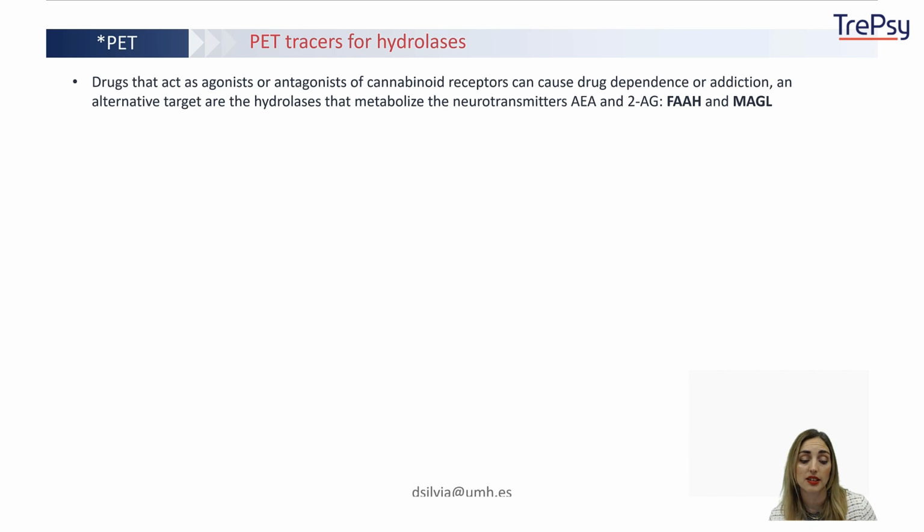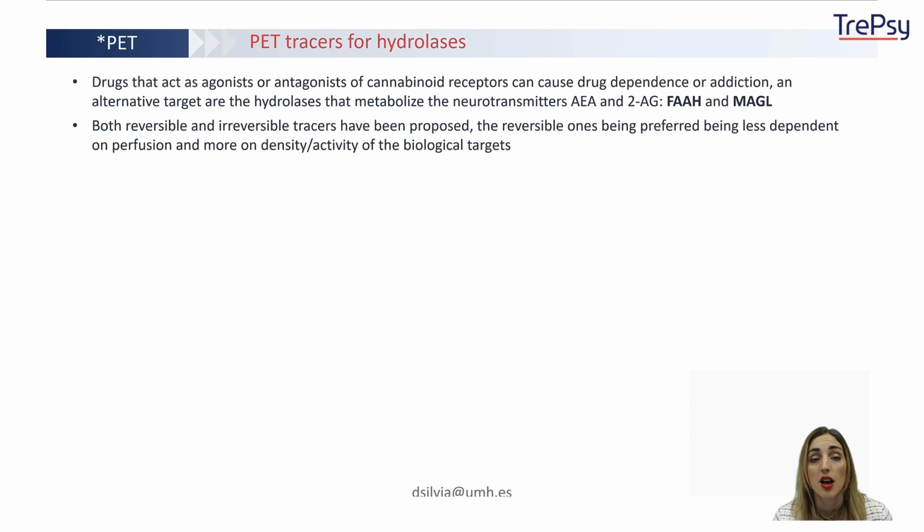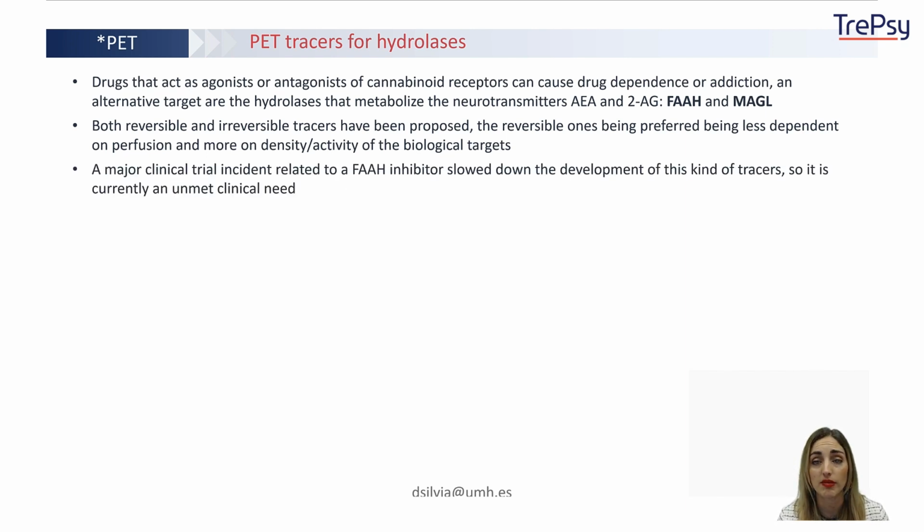So this is an alternate target: the enzymes that metabolize the endocannabinoids, AEA and 2-AG, and these are FAAH and MAGL. For both enzymes, both reversible and irreversible tracers have been proposed. The reversible ones are preferred because they are less dependent on perfusion and more on the actual density or activity of biological targets.